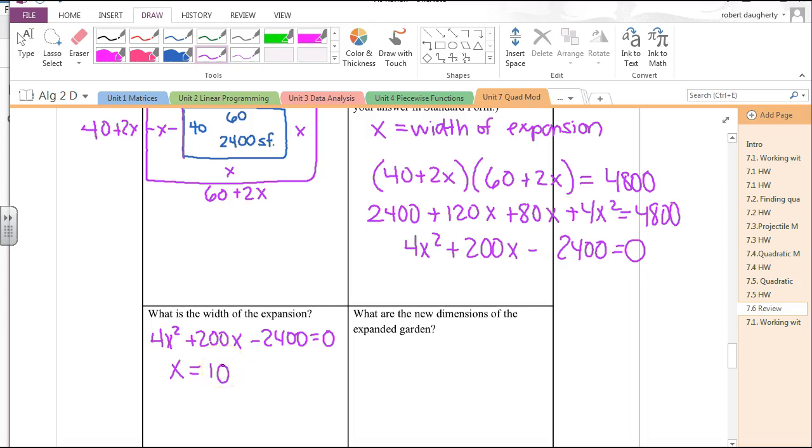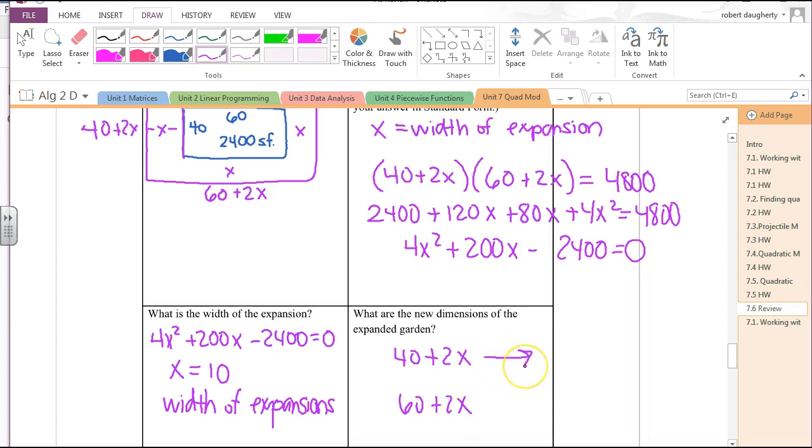Now 10, that is the width of the expansion. But my garden is going to be 40 plus 2x by 60 plus 2x.